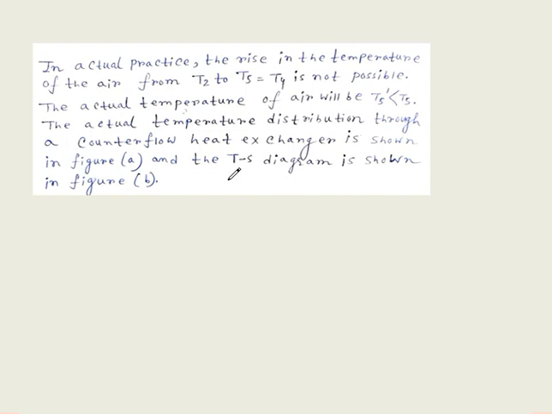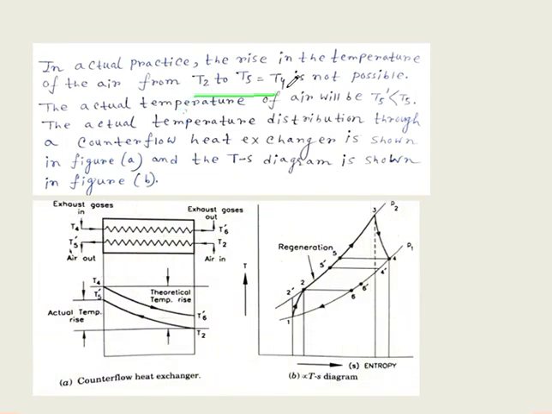In actual practice, the rise in the temperature of the air from T2 to T5 equal to T4 is not possible. The actual temperature of air will be T5 dash, less than T5.